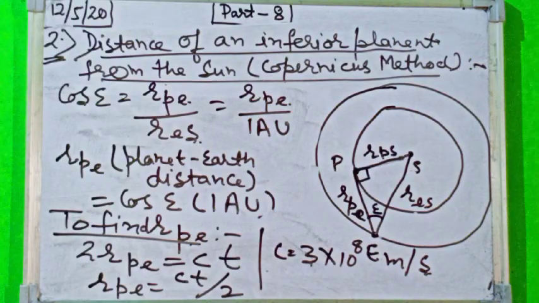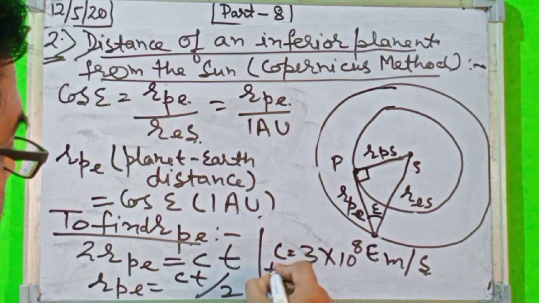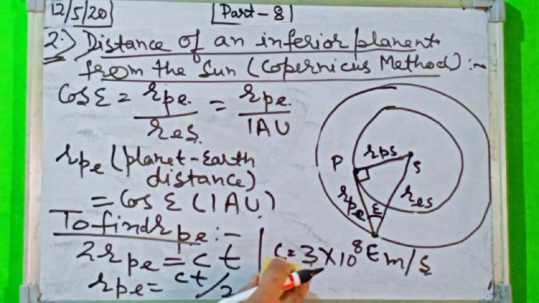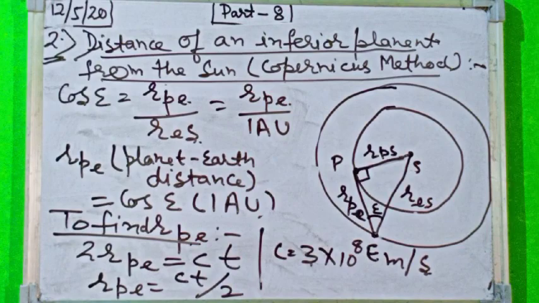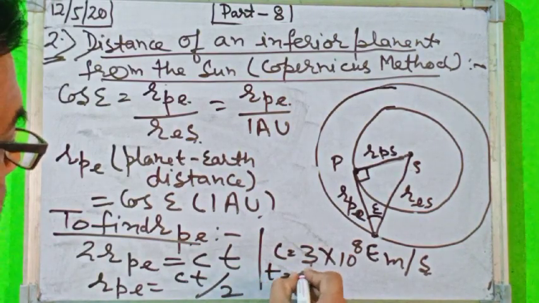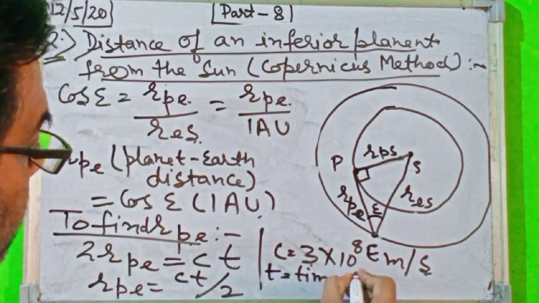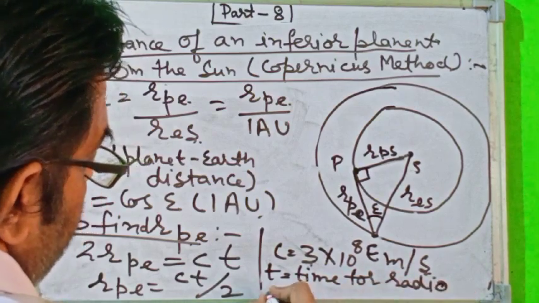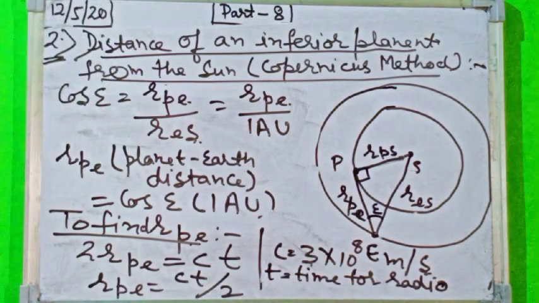And t is the time taken by the signal for the journey from the earth to the planet and back to the earth, the time for the radio signal.